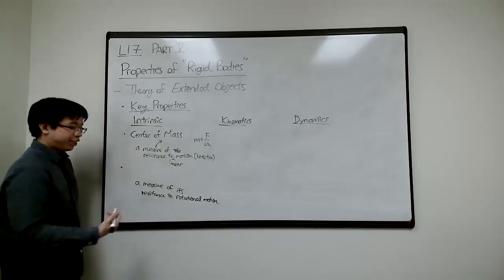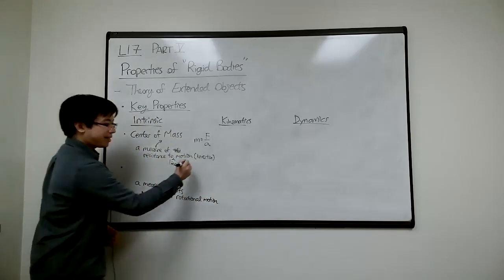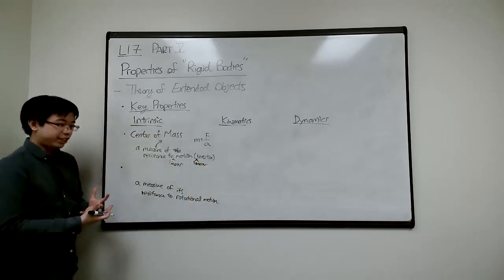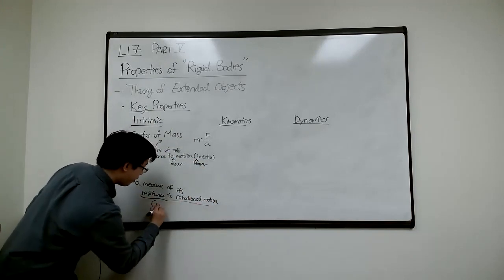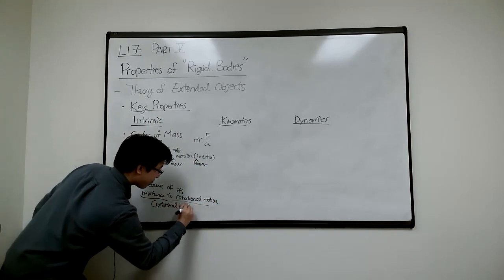So this is a new type of inertia. This is in some sense linear inertia, and this is rotational inertia. Resistance to rotational motion, you can call it rotational inertia.